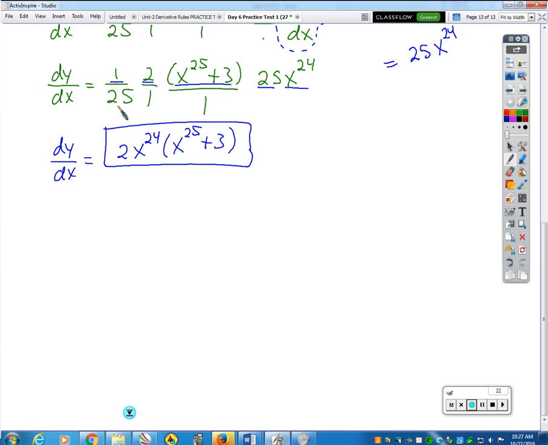Jackson, which one? 21. Read 21, Jackson. ln of xy equals x.